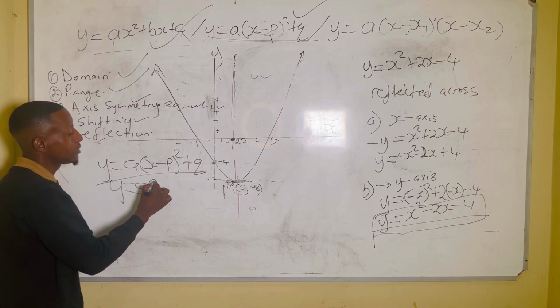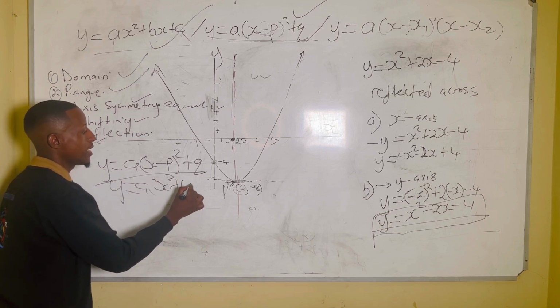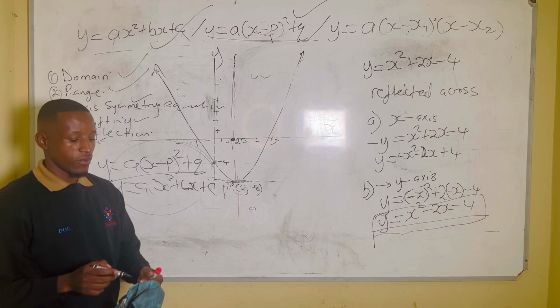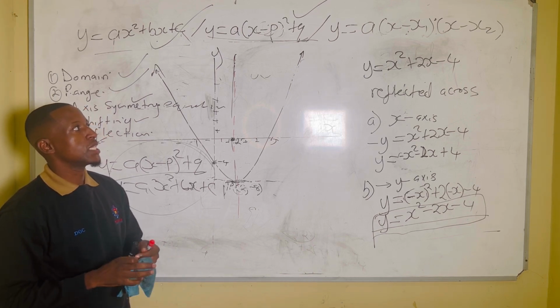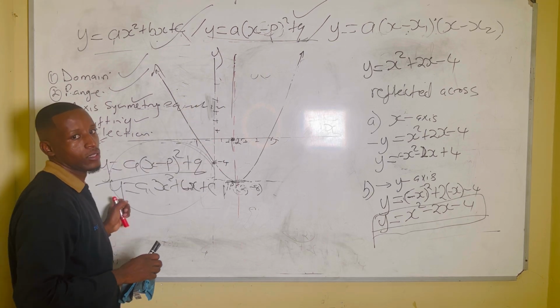Or they can ask it in this format, plus bx plus c, but find the equation of this graph. So it's very, very important to know the steps. Mostly we're going to be using that one to arrive at the equation of this graph.